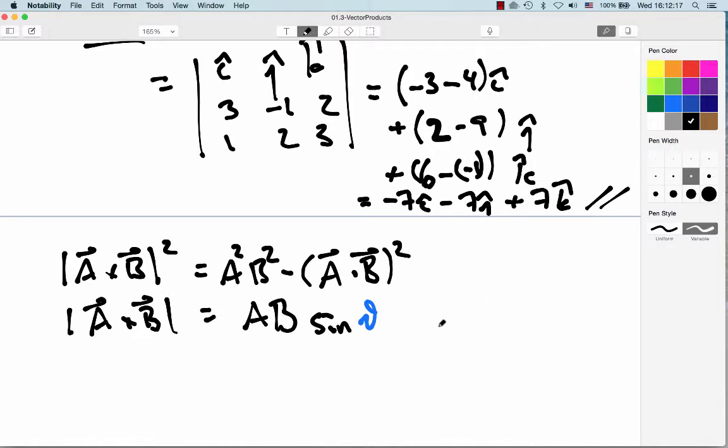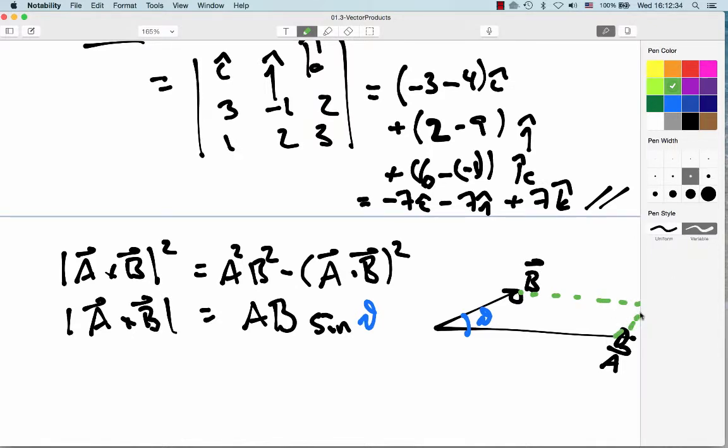So if that's my vector B, and that's my vector A, that's my angle theta between them. If I go ahead and extend out the parallelogram like so, we can interpret the magnitude of the cross product as being the area of the parallelogram.